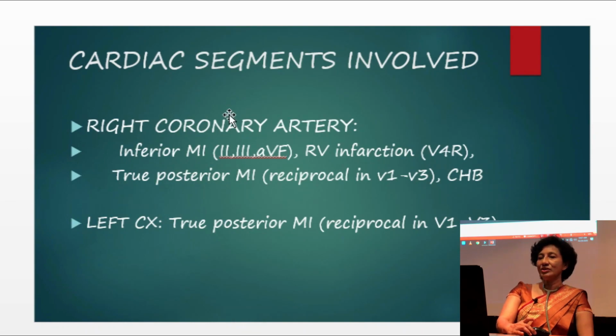And in this patient, if the true posterior wall is also supplied by the right coronary, ST depression from V1 to V3 as well. Those are the reciprocal of true posterior MI. If there is occlusion of the left circumflex, the patient will develop true posterior myocardial infarction if the posterior wall is supplied by the left circumflex.